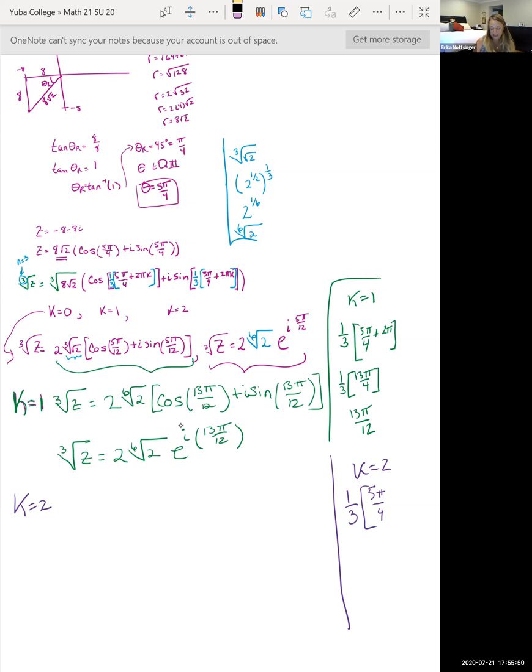So 2 pi times 2, so that's plus 4 pi. We need a common denominator again, so I'm going to multiply 4 pi by 4 over 4. So that's 16 pi fourths plus 5 pi fourths is 21 pi fourths. All times the 1/3 out front. So this is 21 pi twelfths.